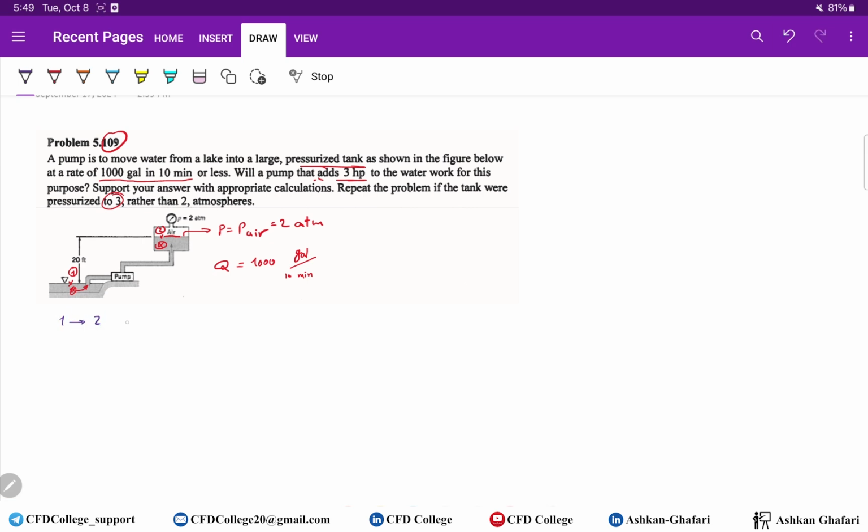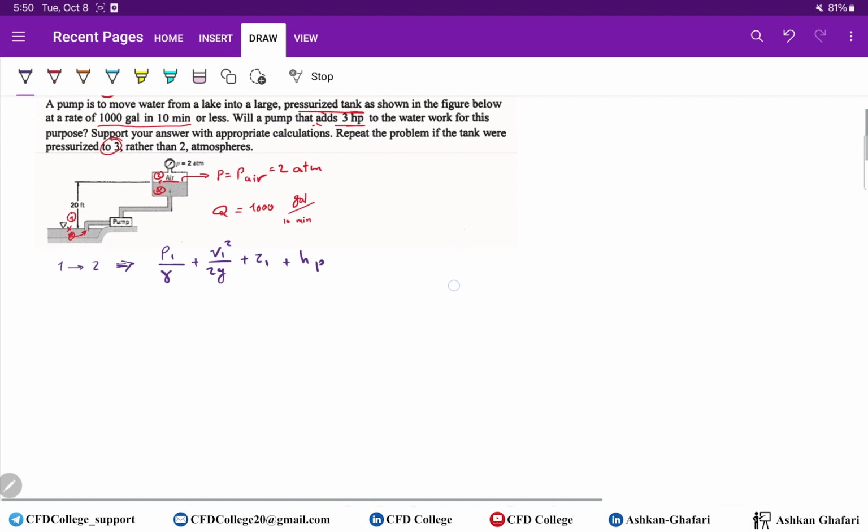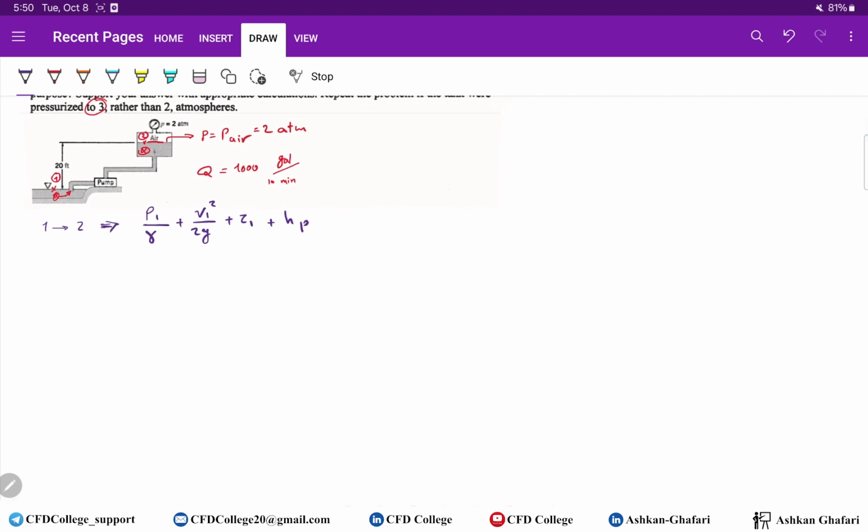So the energy equation: P1 over gamma plus V1 square over 2g plus Z1 plus head of the pump. In the energy equation, we always place head of the pump on the left hand side, and if we have any turbine we can put it on the right hand side, or we can place it on the left hand side but with a minus sign.